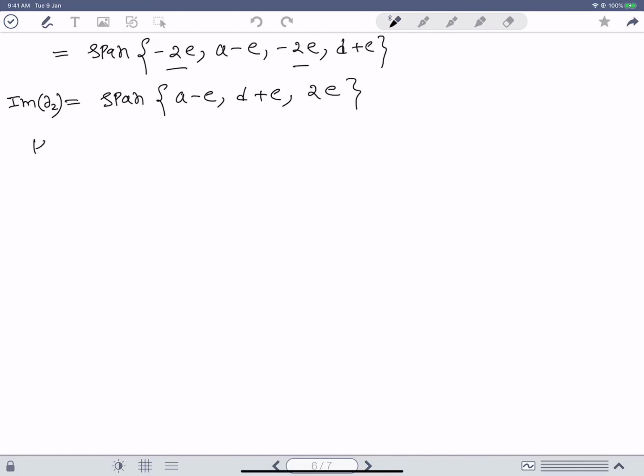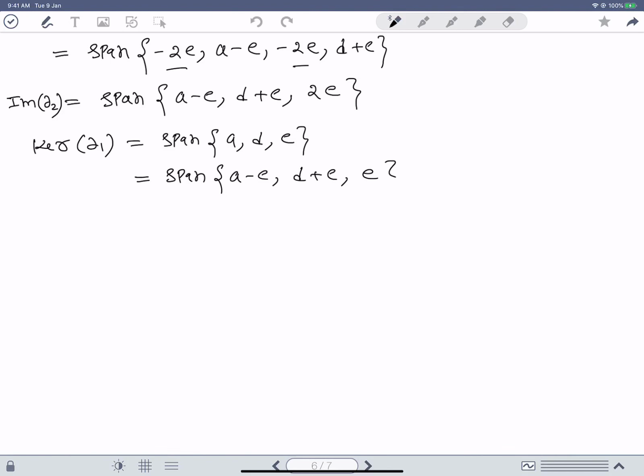Now what was my kernel of del 1? Kernel of del 1 was span of a, d and e, right? Now again one can write it is a span of, since we can add and subtract the basis elements, a minus e, d plus e and e.